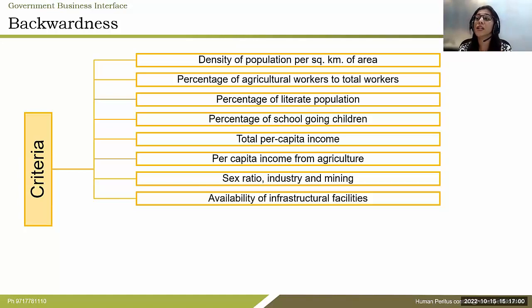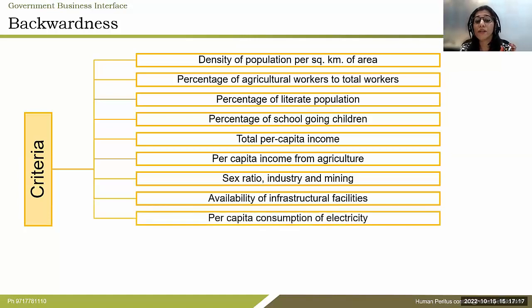Infrastructural facilities mean the level of hospitals, hotels, other entertainment sources, and social services also. Next is, what is the per capita consumption of electricity? Even these minute little things have been considered as criteria of backwardness.